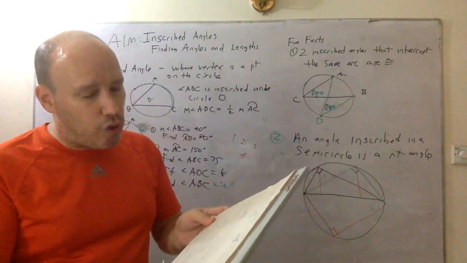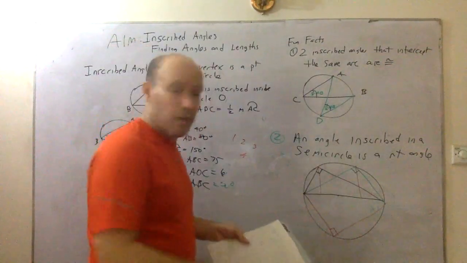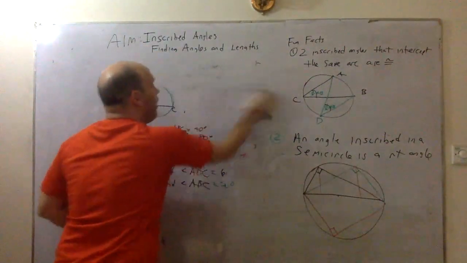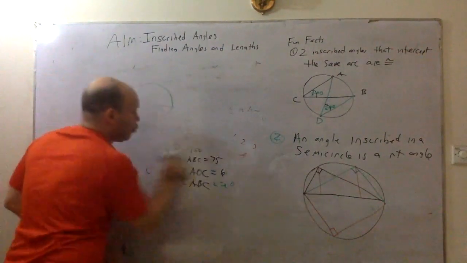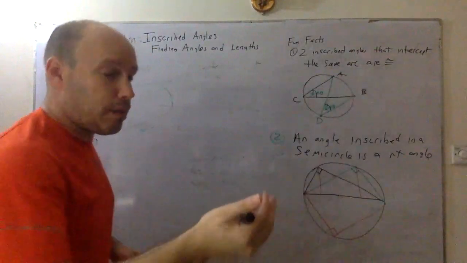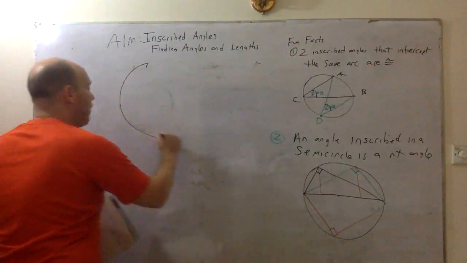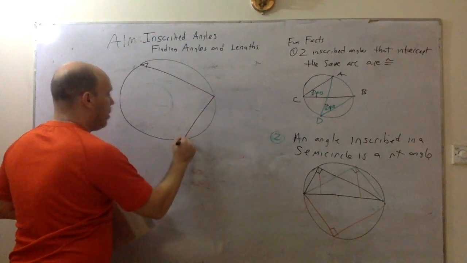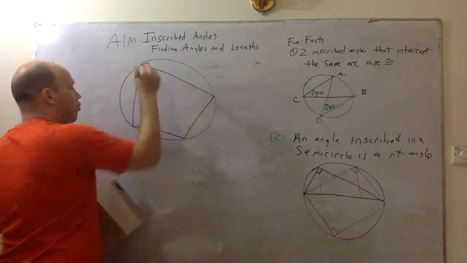Number 3, the opposite angles of a quadrilateral inscribed in a circle are supplementary. What does that mean? Well, let's get a quadrilateral inscribed in a circle. So we have a circle, and any quadrilateral inscribed in there.